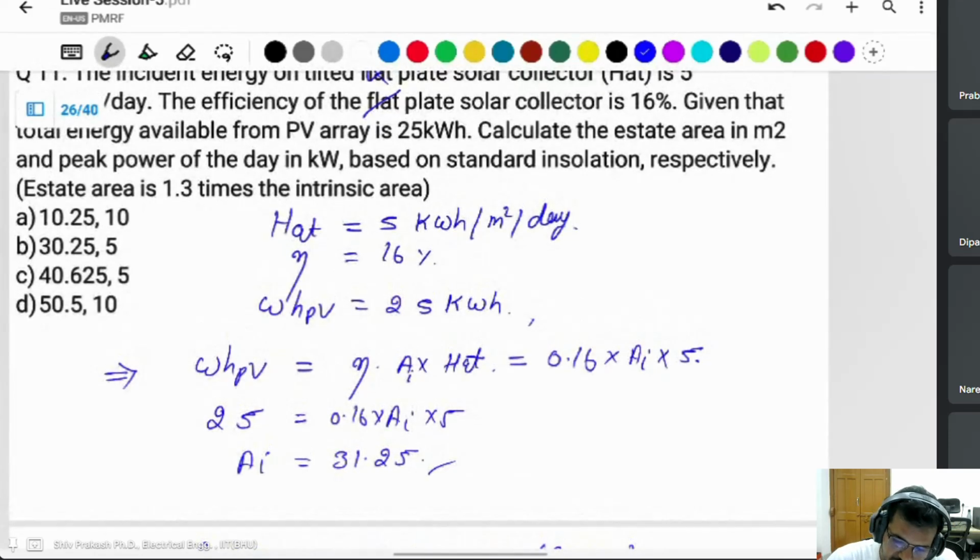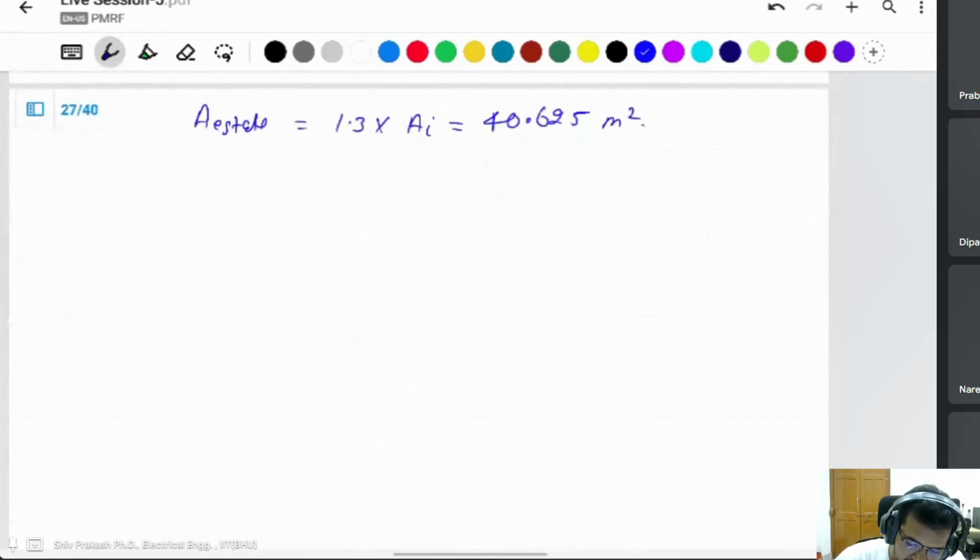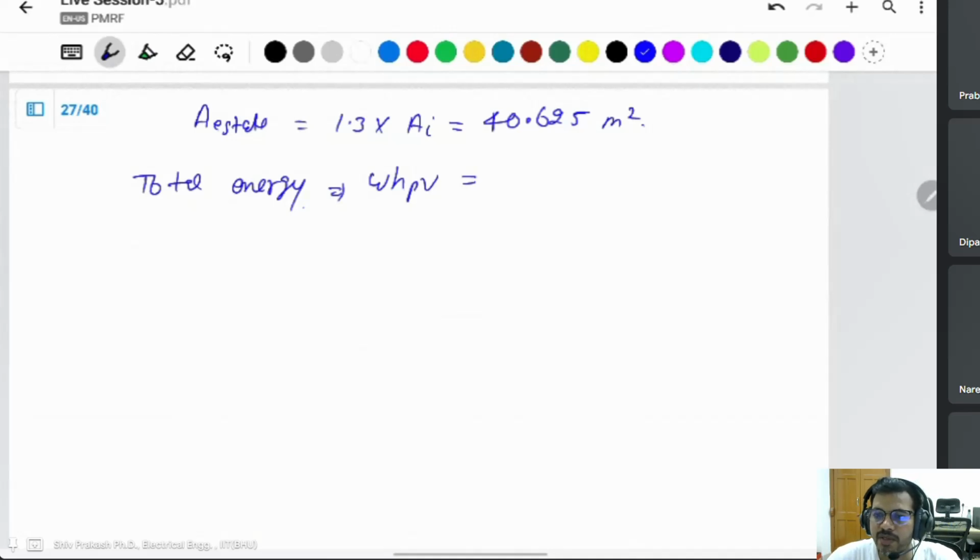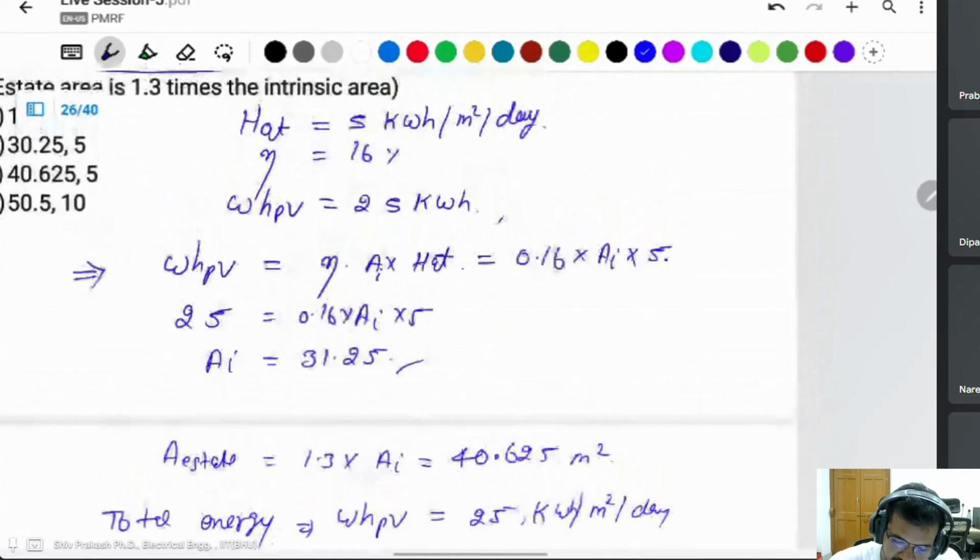Next question is given. Calculate the state area in meter square and peak power of a day. What energy is given? WHPV. WHPV means power into hour. 25 kilowatt hour per meter square per day.